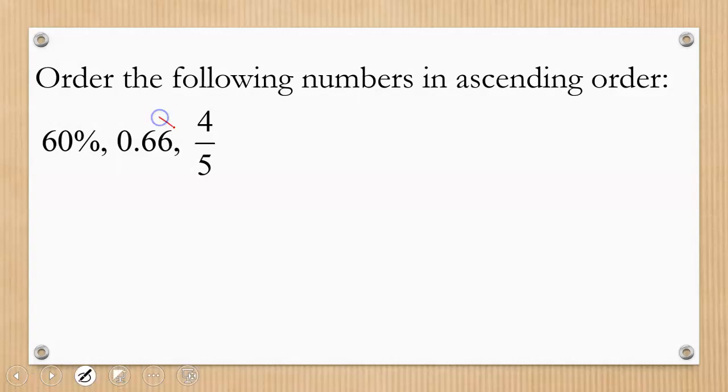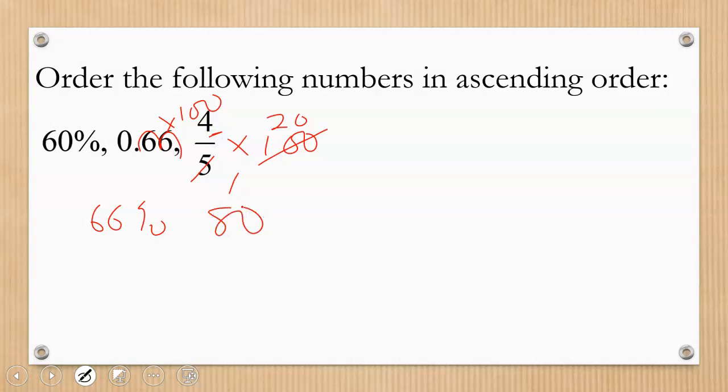So I'll multiply here by 100, which of course is going to move 1, 2, so I'll get 66%. And then multiply here by 100. 5 can divide itself, 5 can divide 100 as 20. So I have 20 times 4, which is 80. So 80% as well. Then I have my 60%.